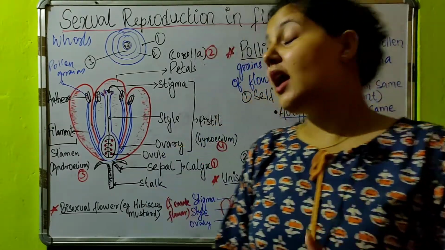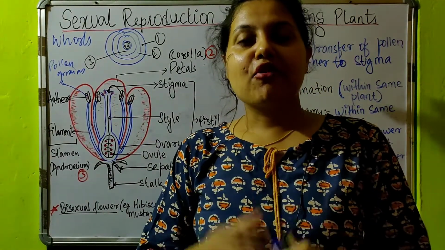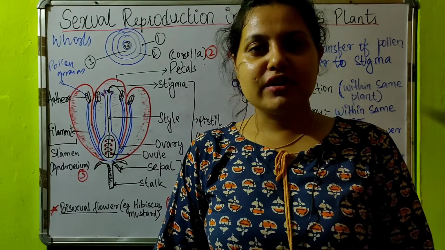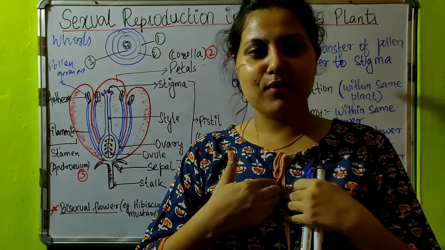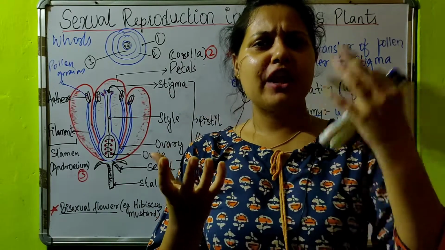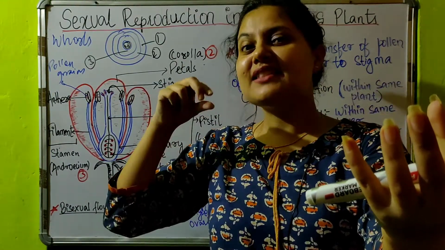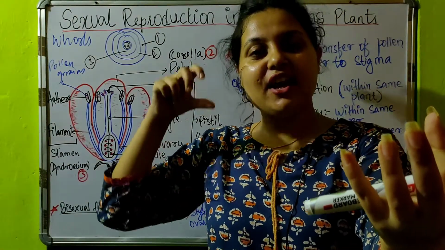Now coming to cross-pollination. What is cross-pollination? If I am one plant and you are one plant, and I am carrying one flower and you are carrying one flower, and with the help of an insect, that is a honeybee, what is happening?